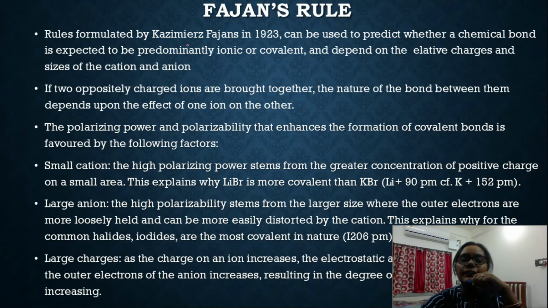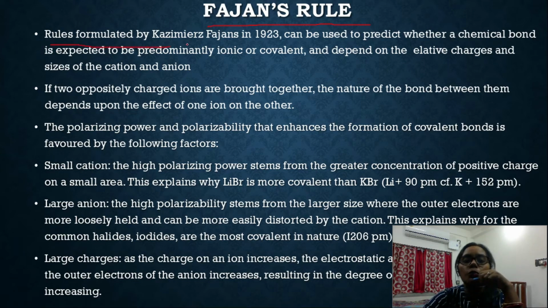Okay, now this is Fajan's rule. If we know Fajan's rule, we can know whether a bond will have ionic character or covalent character. How much ionic character and how much covalent character will be there, that we can know by Fajan's rule.